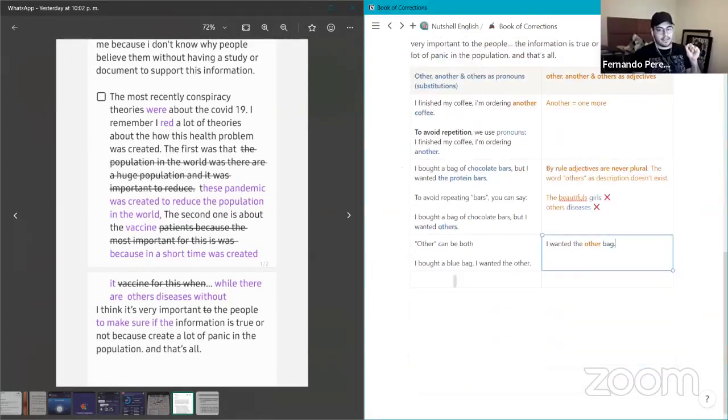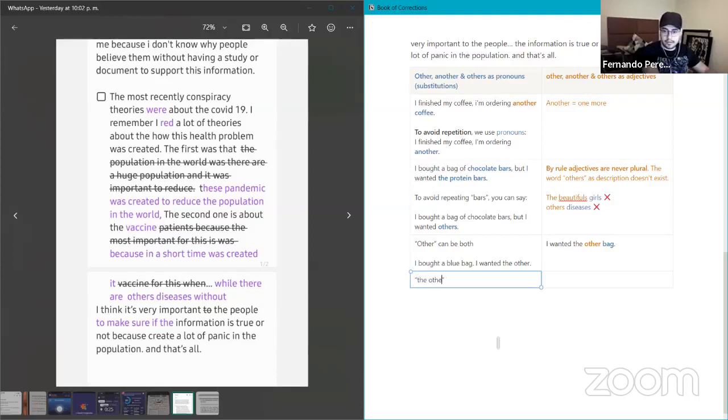Yes, super confusing. Let's add one more option, another option. Check this out. The other can be both and can be plural too. I wanted the other.